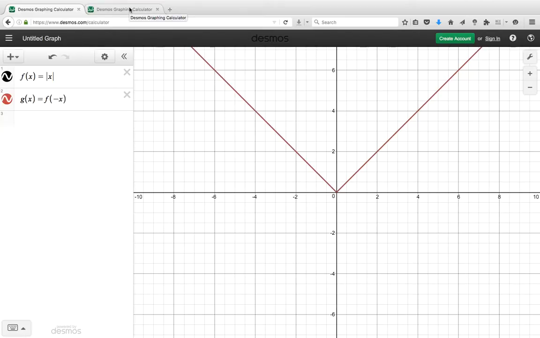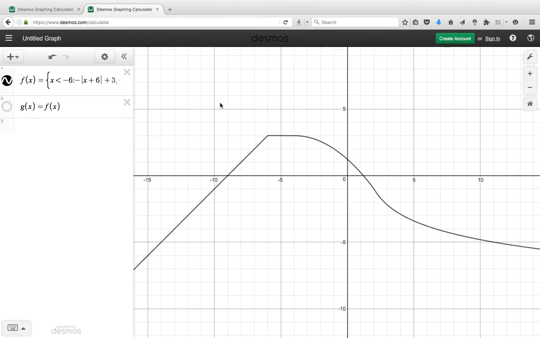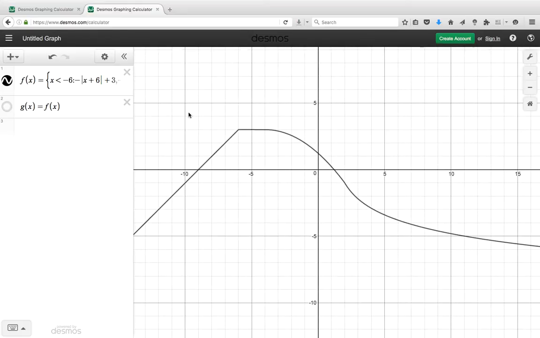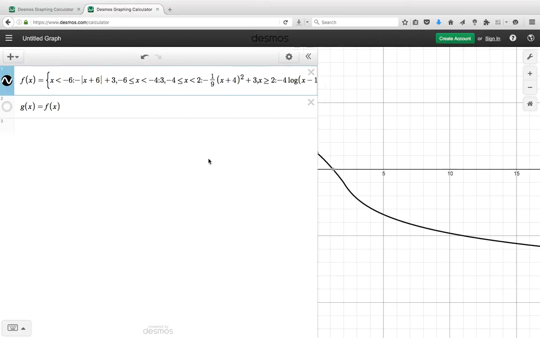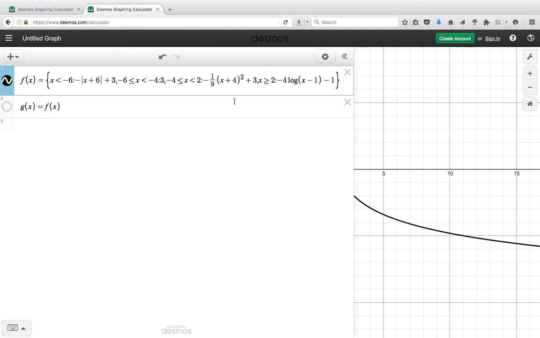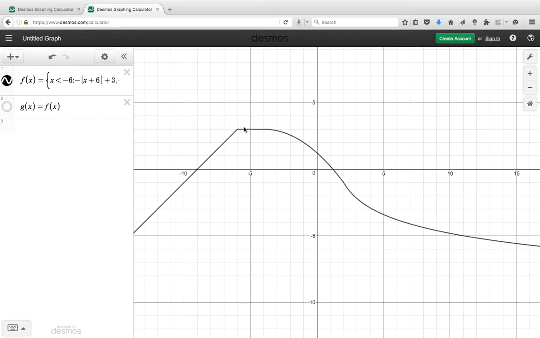Let's try this with a different function. So I have this parent function. You're not going to need to worry about this. I just made a piecewise function that's listed over here. It's linear at the beginning. Then it is a different version of linear. Then I believe this is a quadratic, and then this is logarithmic. It doesn't really matter. The point is that I'm going to do the same thing with these.